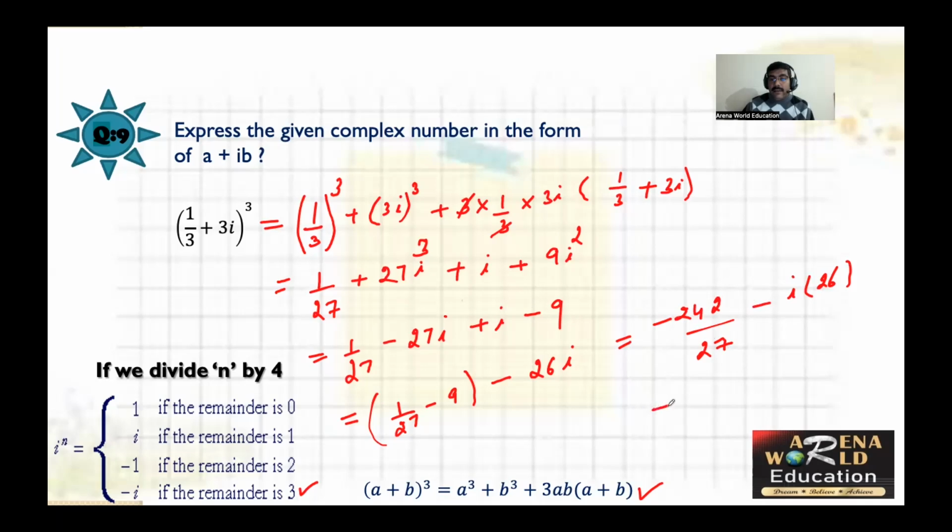Here a will be minus 242 divided by 27, and b will be minus 26. I hope everybody is clear. So in this way we can solve question number 9.